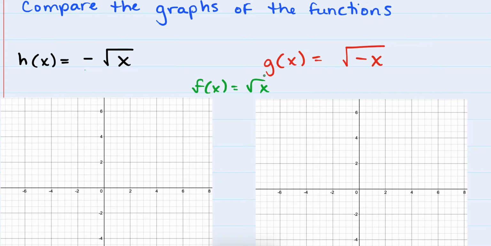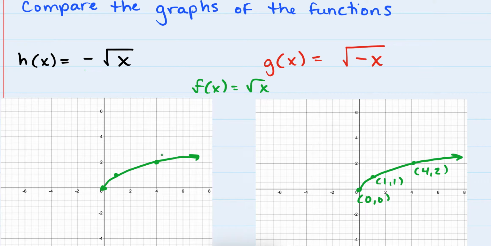Okay, let's graph square root of x. Well, we have to remember what that looks like. The square root of x goes through these 3 points. I'm going to write them on this graph: 0, 0, 1, 1, and 4, 2.